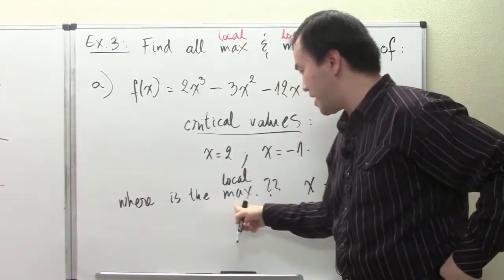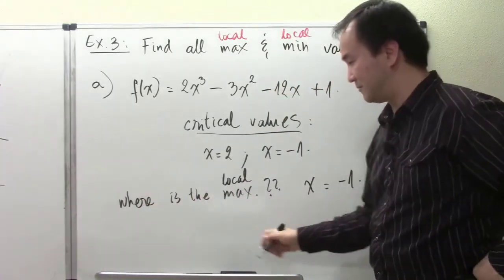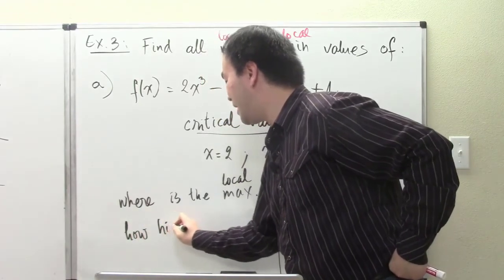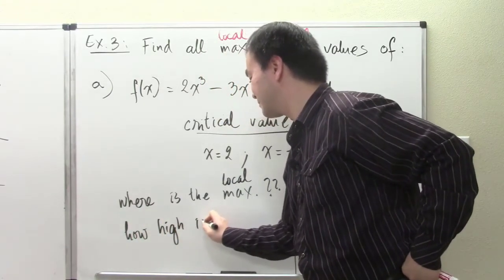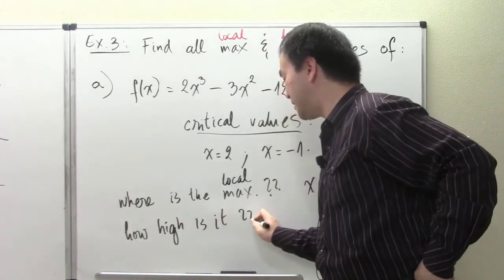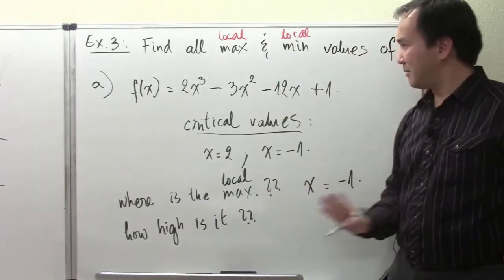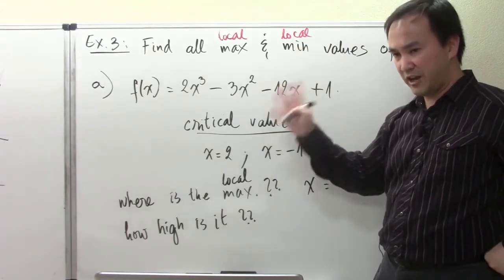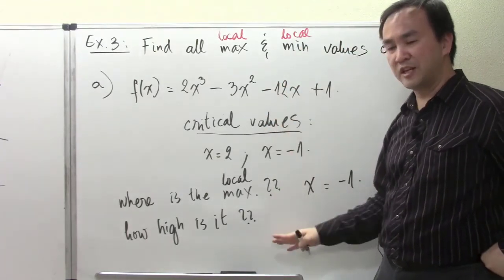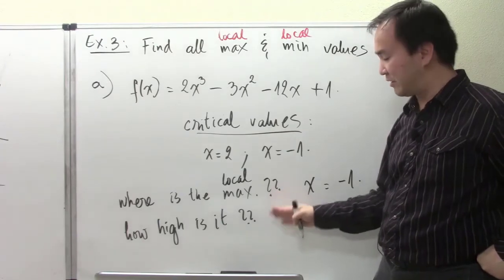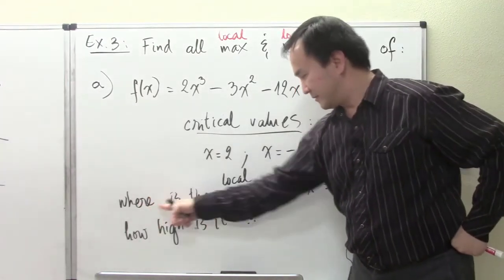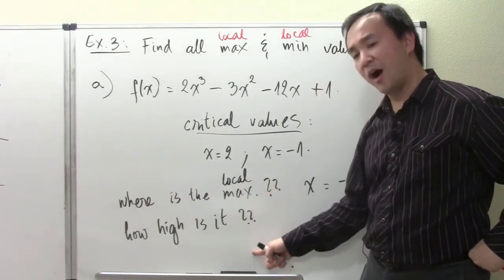After you know where to locate your local maximum, the next question really is, how high is it? That's the other part that a lot of times, when you're working with a maximum or minimum problem in general, no one will be precisely clear for you. So it's your responsibility to always know that there are these two questions: where is the maximum and how high is it?